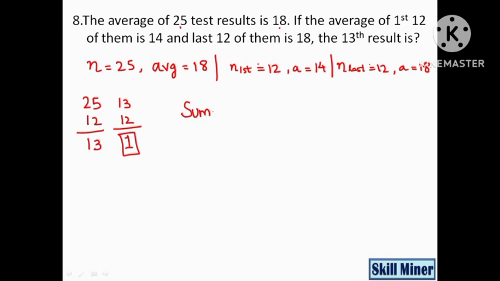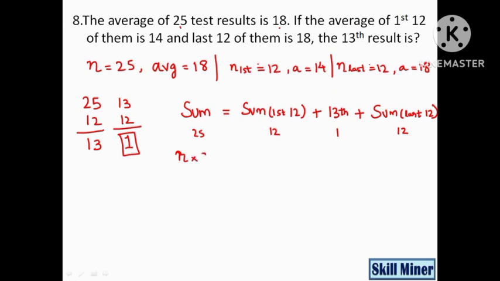Here the formula is total sum is equal to sum of first 12 plus the 13th number plus sum of last 12, because there are totally 25 numbers. 12 plus 1 plus 12 gives you the count 25.